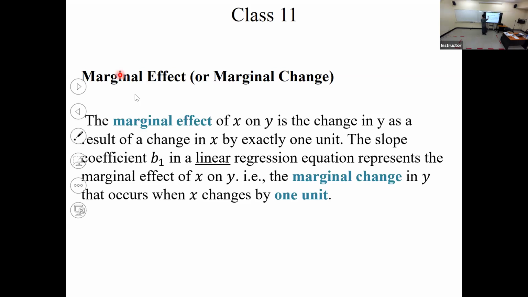So the marginal effect is the marginal change in y that occurs when x increases by 1 unit, and that is what's captured by the coefficient. That is the meaning of the slope.